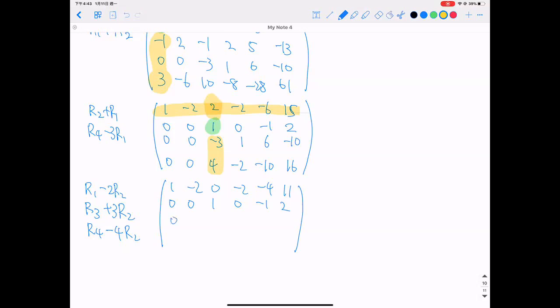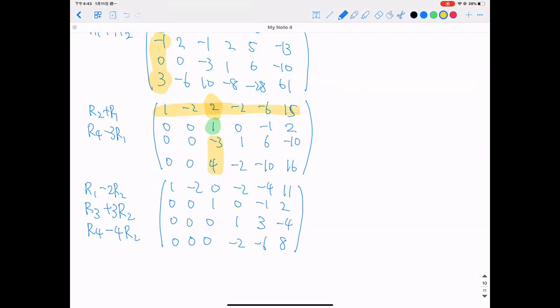And here 0, 0, 0. 0 is here, so whatever you do, you don't change it. So it's 3 minus 4. 0, 0, 0. Minus 2, minus 6, 8. Very good.